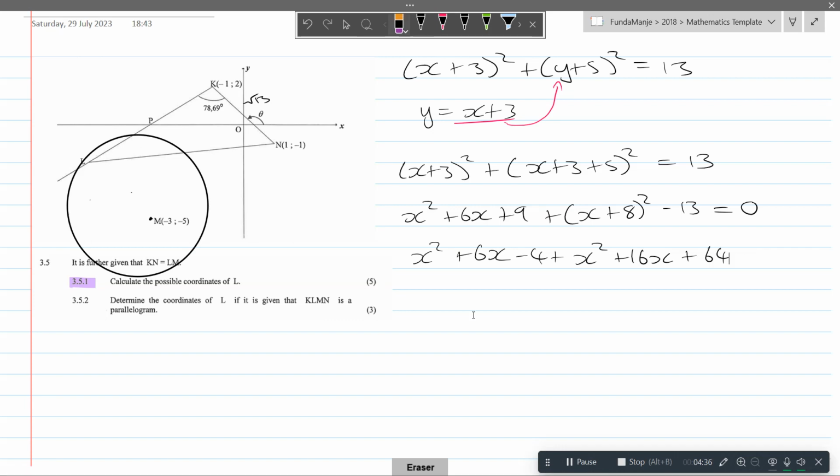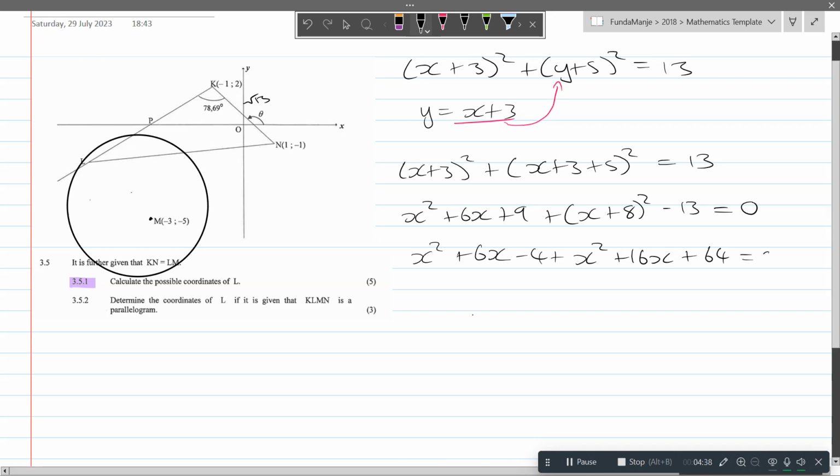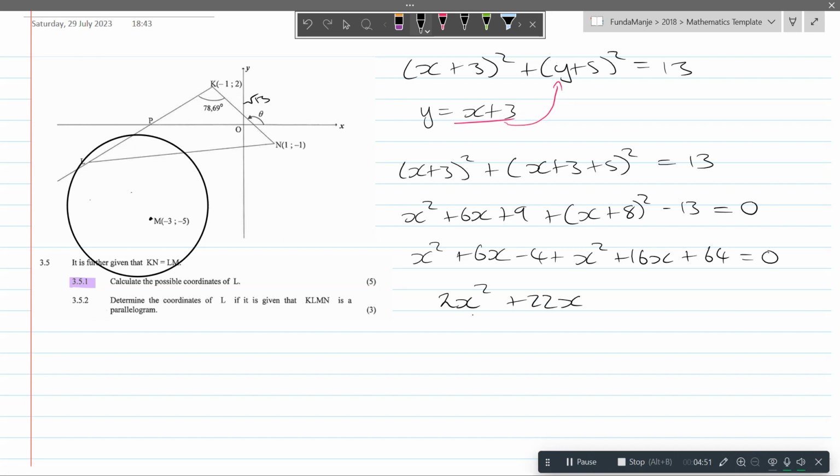This is the shortcut to foiling out or expanding. Then we can collect the like terms again. x squared plus x squared gives us 2x squared. 6x plus 16x gives us 22x. Then 64 minus 4 gives us 60, equal to 0.